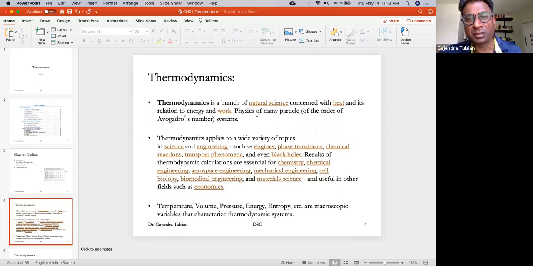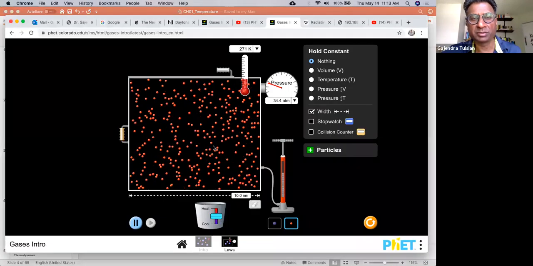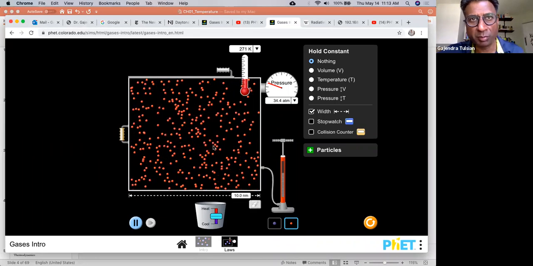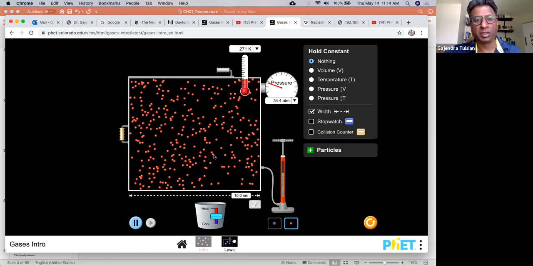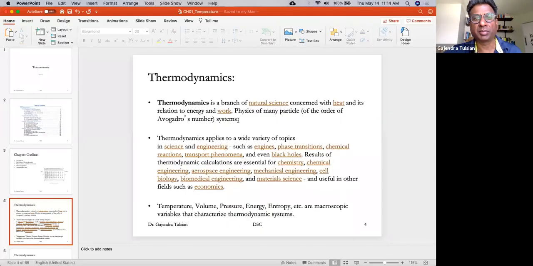Generally, these laws are applied to systems that have Avogadro's number of particles. So you would apply it to a large system like the air in your room, and you yourself are a thermodynamic system. You have a large number of particles.